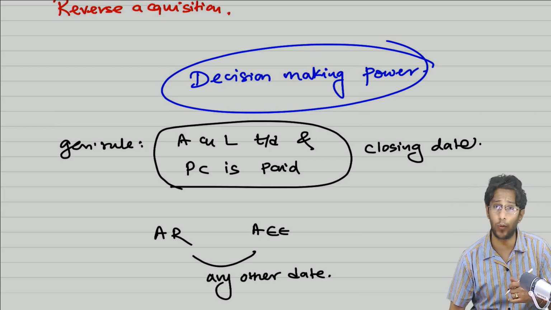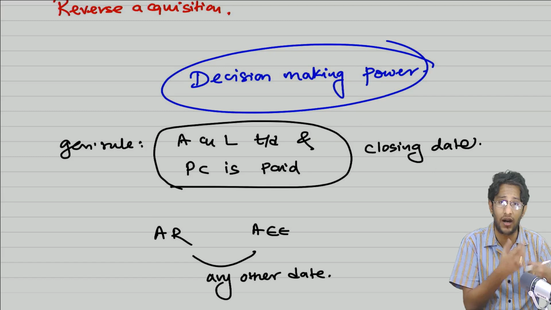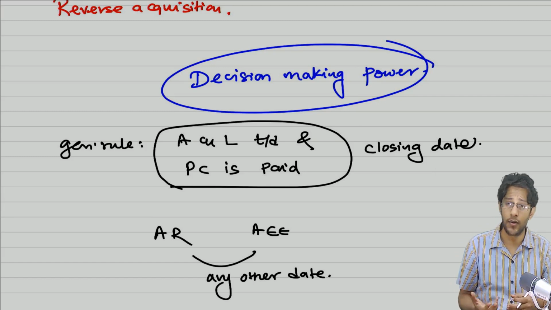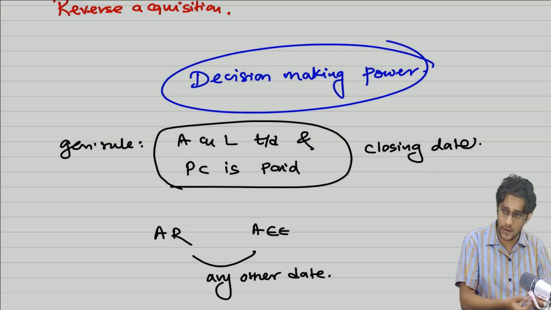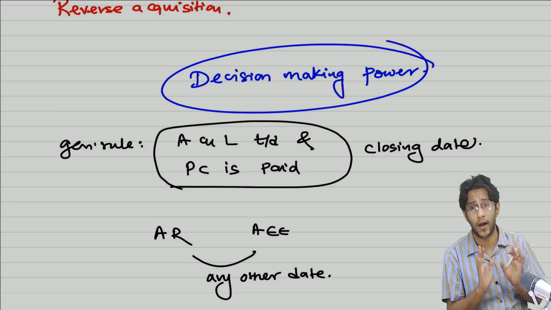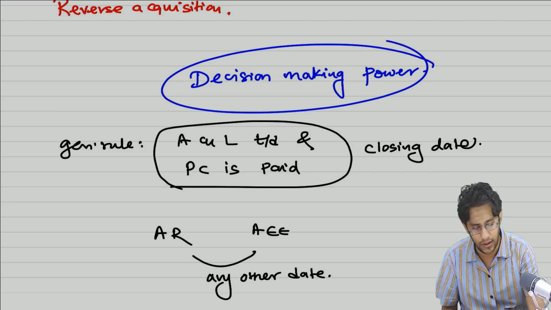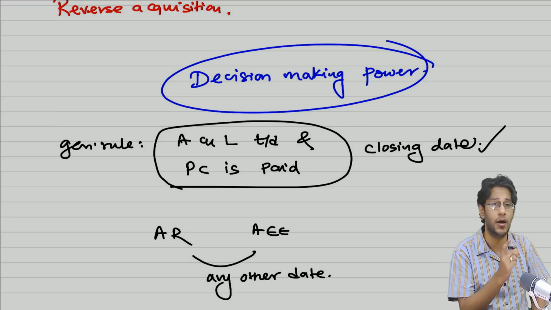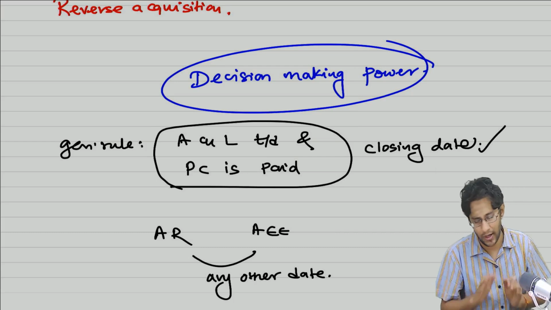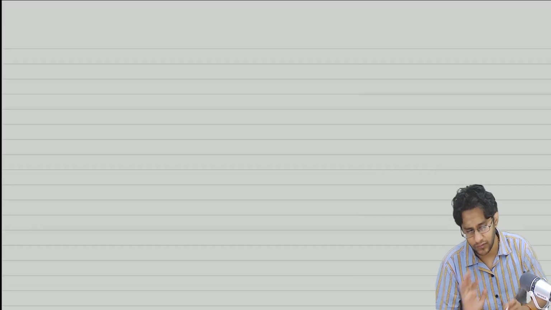From which date onwards X Limited should start taking decisions in Y Limited, that is a matter of agreement between X and Y, no? So if they have agreed on any date, that date only will become the acquisition date. Otherwise, if the question does not say anything, or the agreement does not say anything, then the closing date must be identified as the acquisition date. So very simple. Now sometimes, let me take an example.